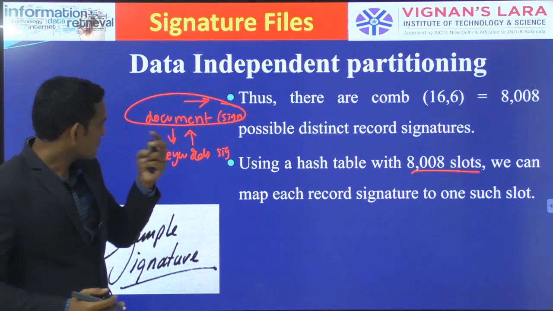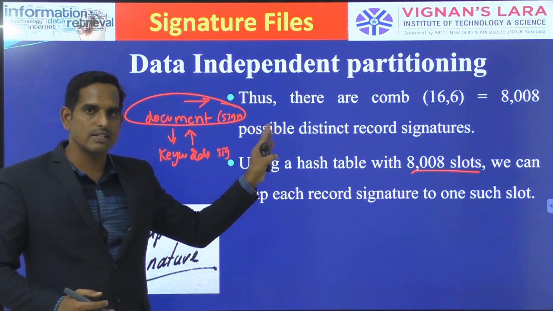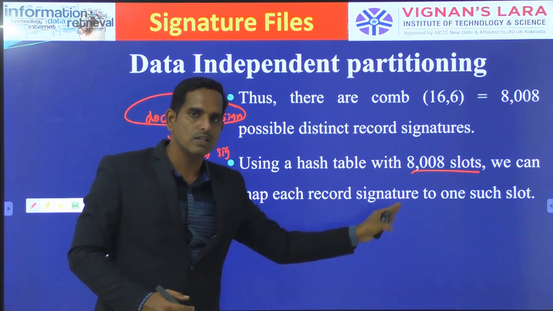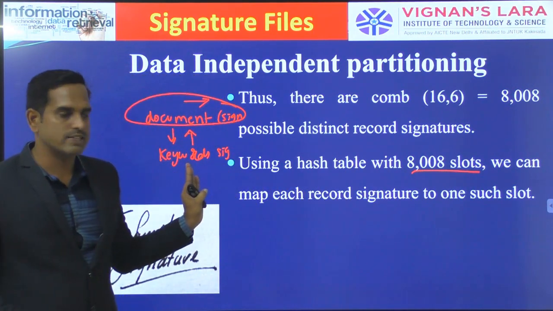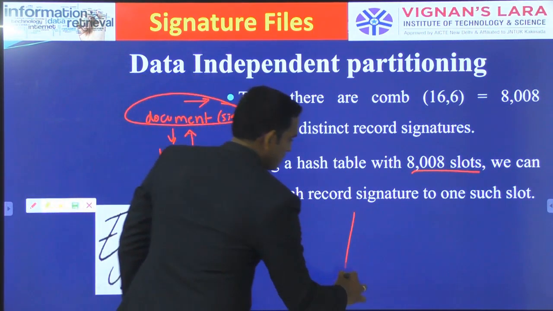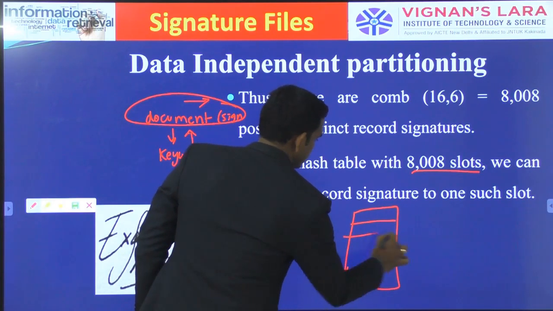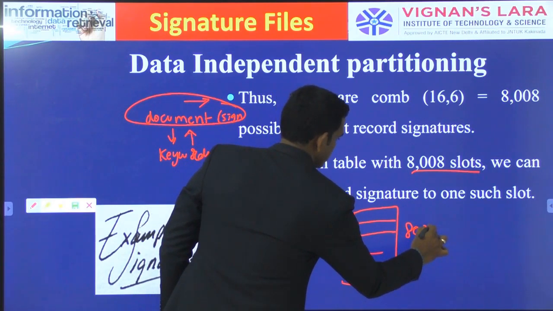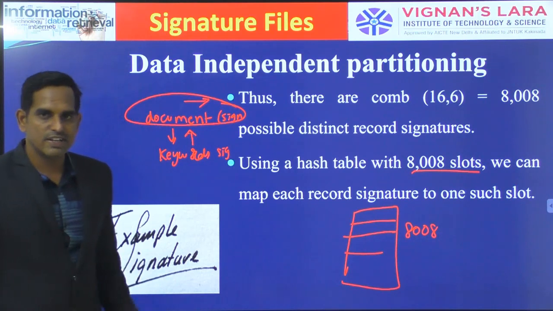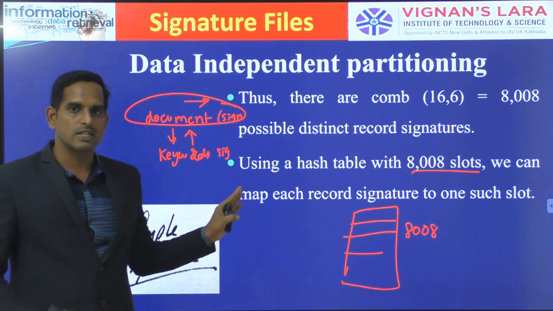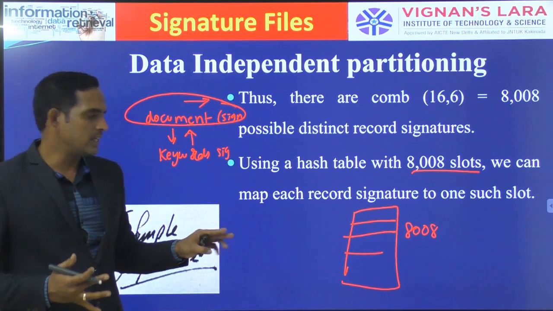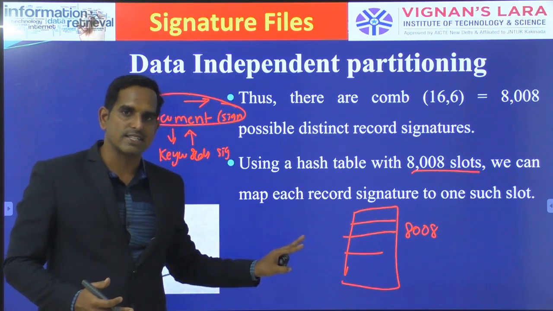If your document signature is similar to another, then it will be using one of the chaining techniques in your hash tables. But at the max, you will be having 8008 different document signatures. That is how you can create. If you see here, you need not perform the sequential search.